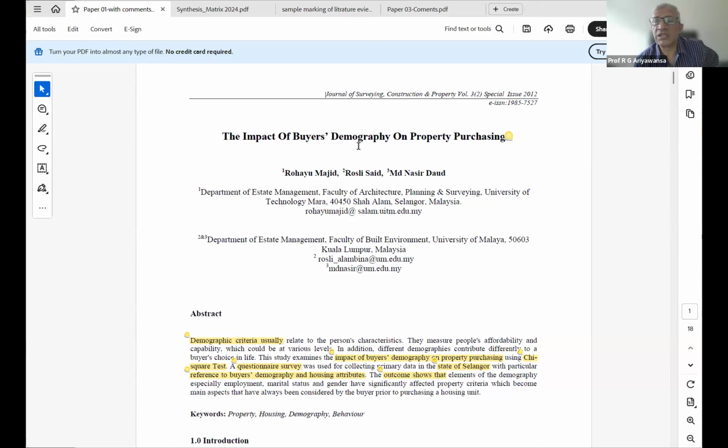You have to read textbooks, what demography means, how the demography variables have been defined in general, and specifically about the property purchase. Likewise, you have to read how others have done similar research. Accordingly, you can understand how these researchers have used the demographic related definitions and variables.